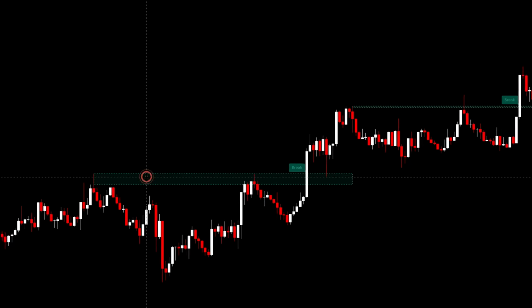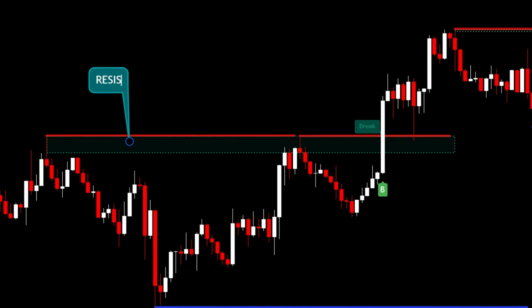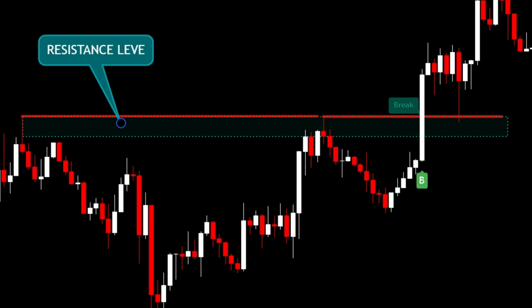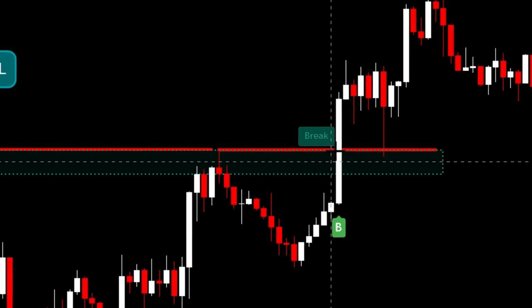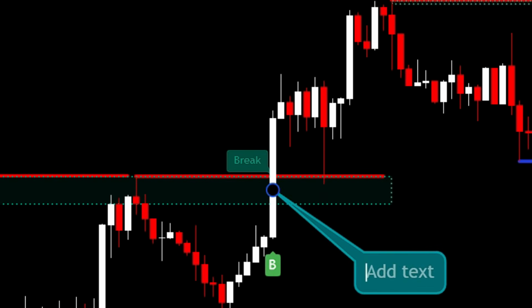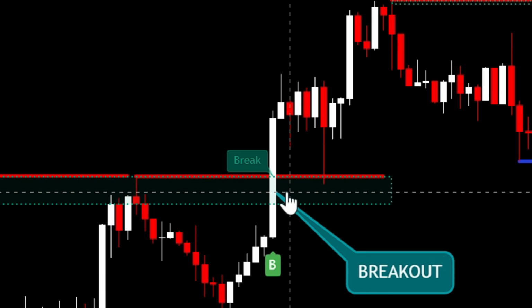Here's the swing high, instantly marked as resistance. Then price pushes above it and boom, the breakout signal shows up.